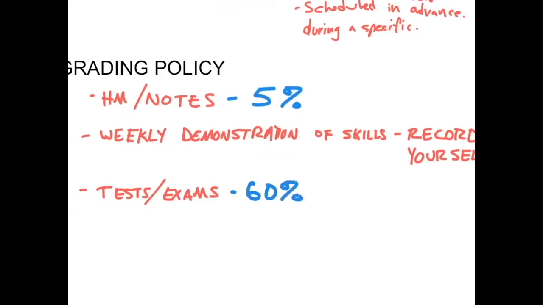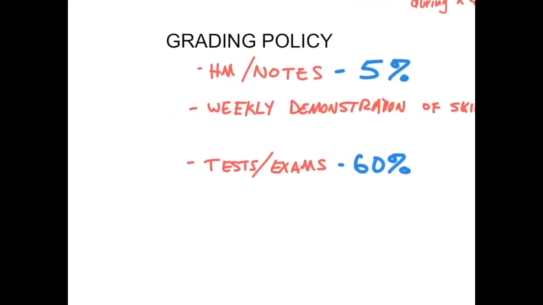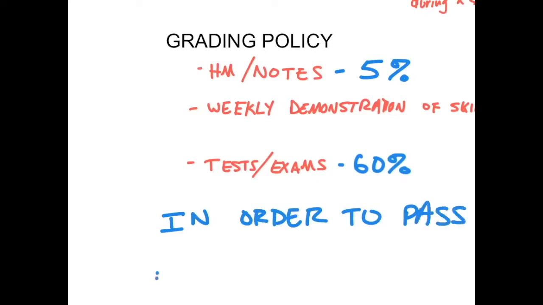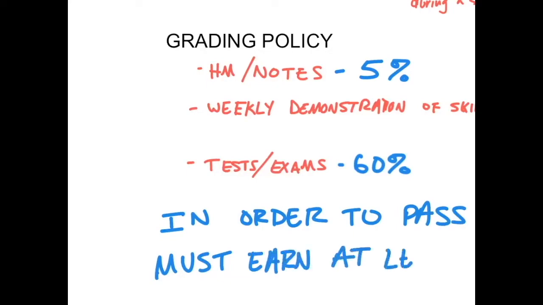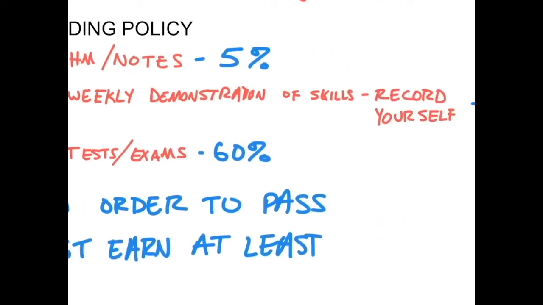Now, here's what you need. In order to pass, okay, this is very, very important. So, in order to pass the class, all right, you must earn at least a 75%.